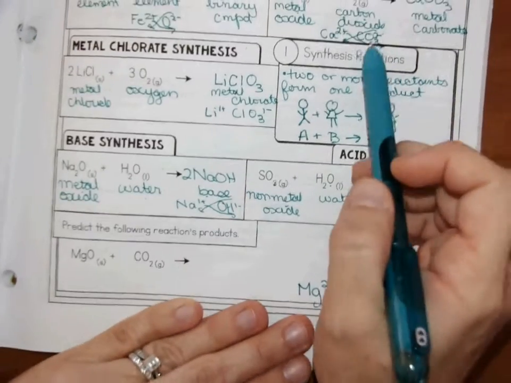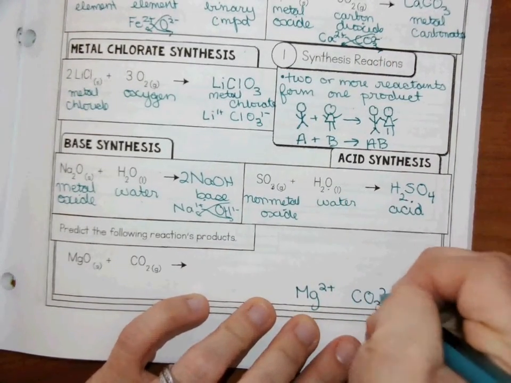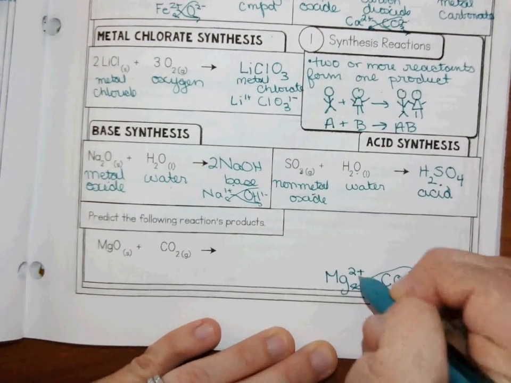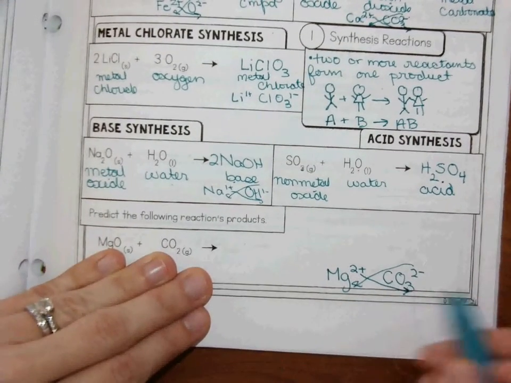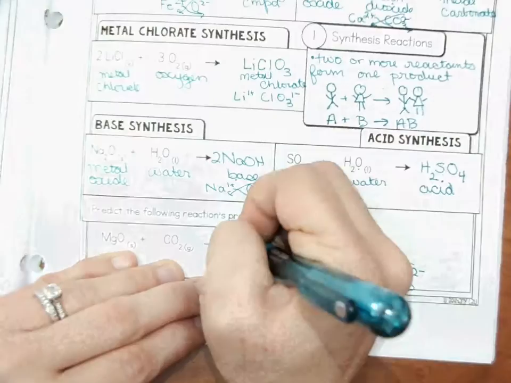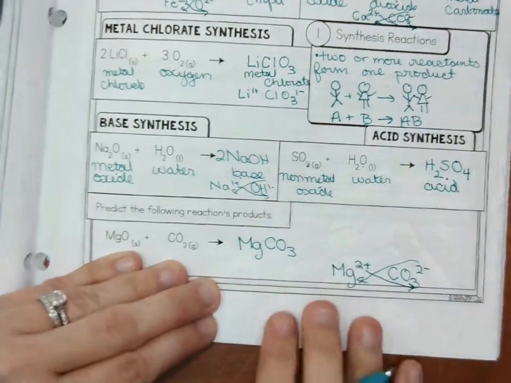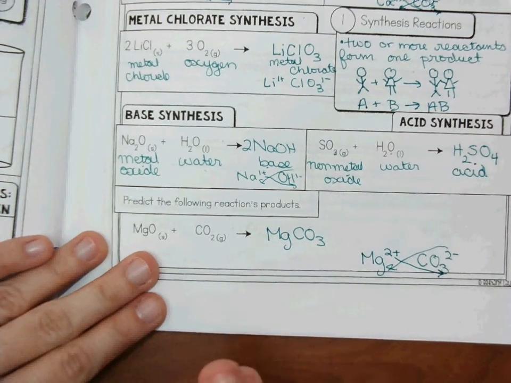So we're going to cross it with carbonate, CO3 2-. Crisscross applesauce, hands in your lap. There's 2 and 2, so I'm going to reduce that down to 1 and 1. So it's going to be MgCO3 as my answer. It's going to make a magnesium carbonate.